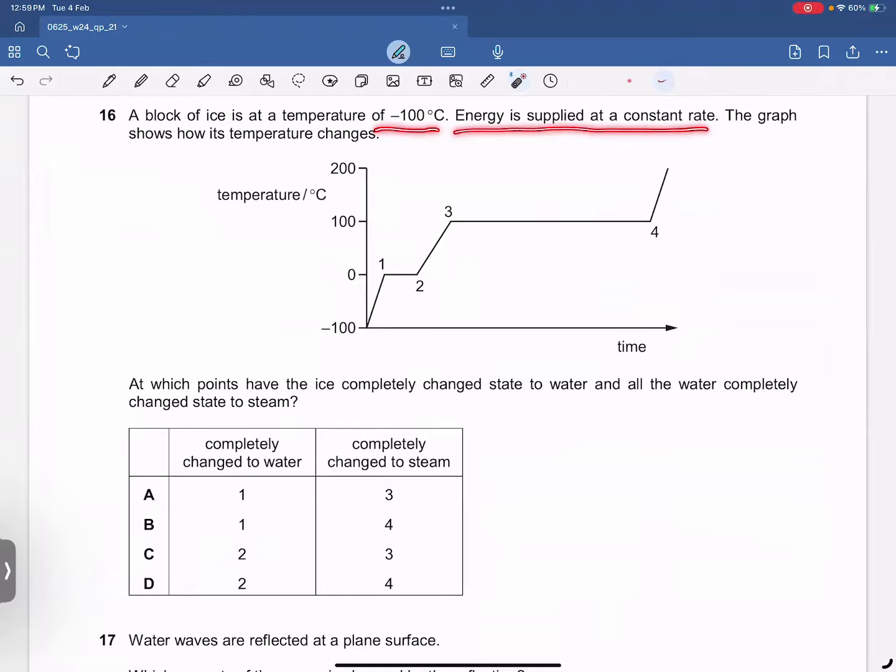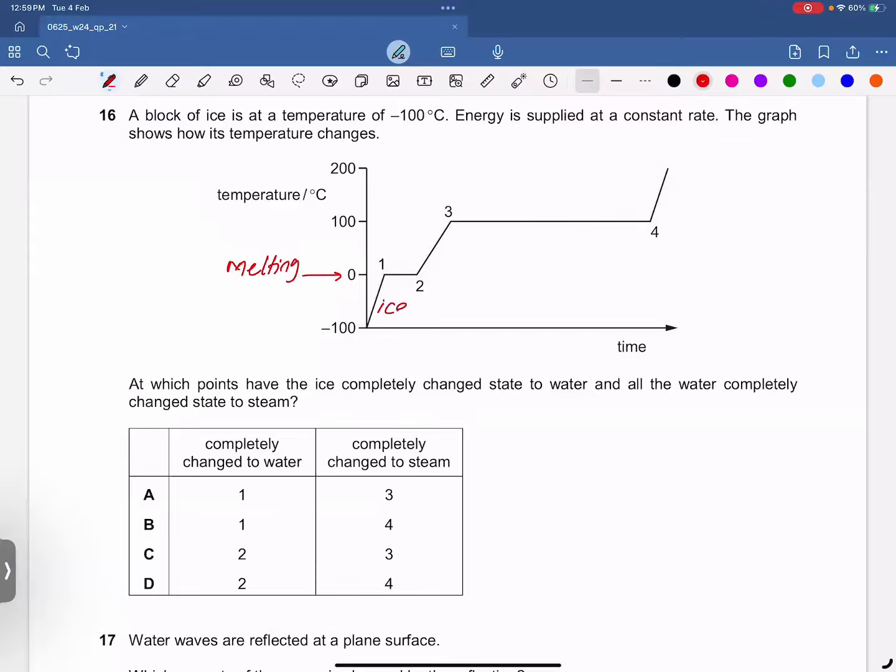Energy is supplied at a constant rate. The graph shows how temperature changes. Initially temperature increases, reaches melting point, then water heats up, then water boils, then gas heats up. Okay, so let me write here melting process.